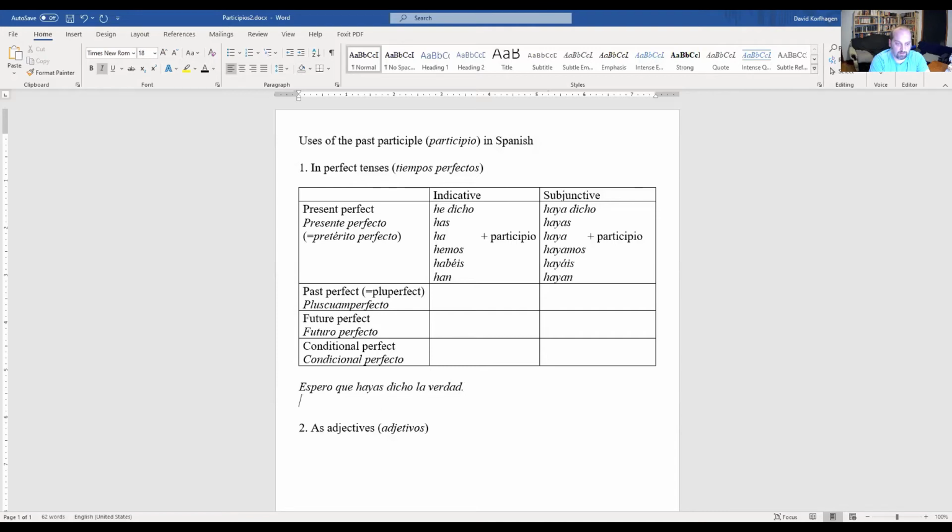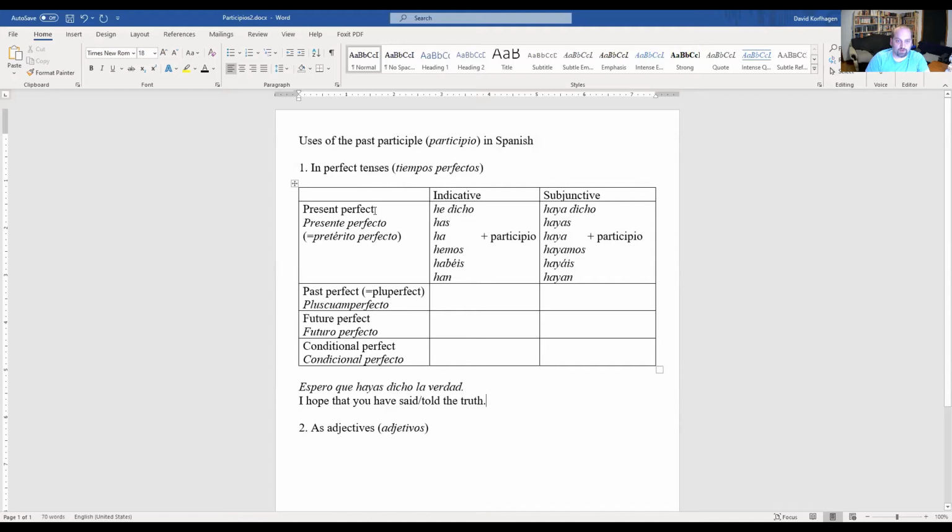So that's literally, I hope that you have said or told the truth. So it's the same thing as this he dicho, or has dicho, you just change it to the subjunctive because espero que triggers the subjunctive.